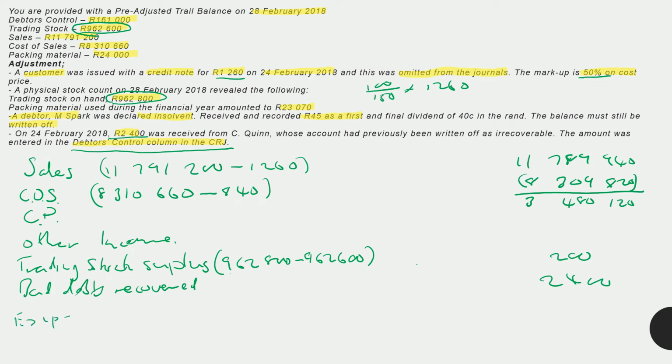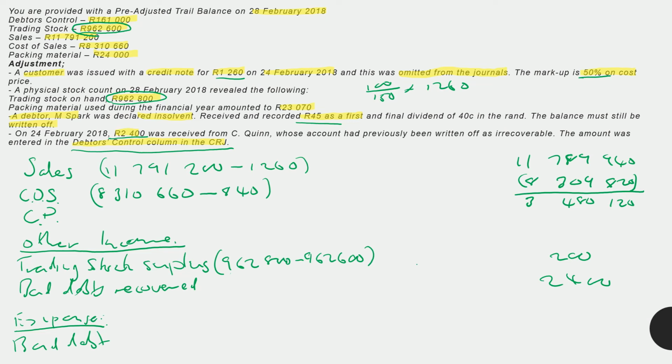Then on the expenses part, we've got bad debts. We don't have any amount of bad debts, so just include the one that we're calculating here. Bad debts come out of this amount here: 45 Rand was received as a first and final dividend of 40 cents in the Rand.